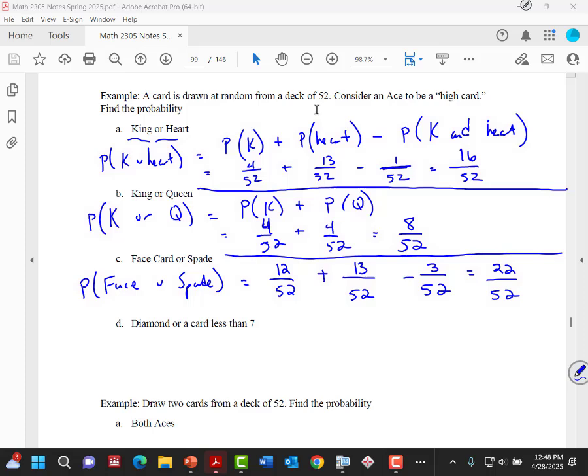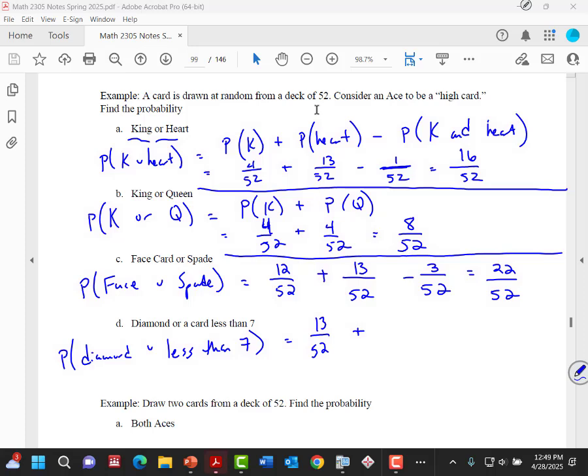Lastly, let's do the probability of a diamond or a card less than 7. So, probability of diamond union less than 7. Okay, so first, probability of a diamond. How many diamonds are in the deck? That's 13 out of 52. Plus the probability that a card is less than 7.